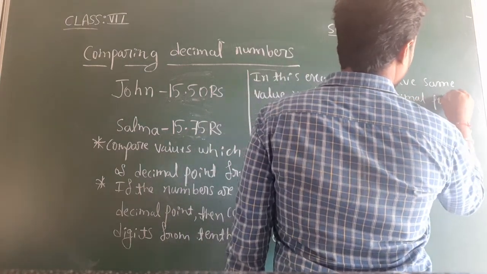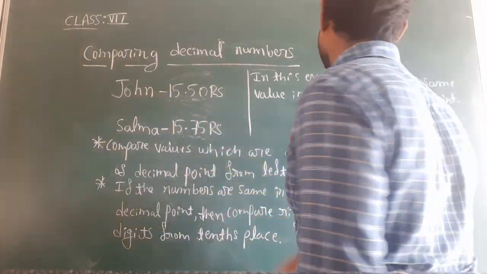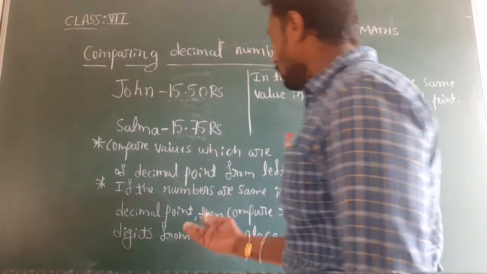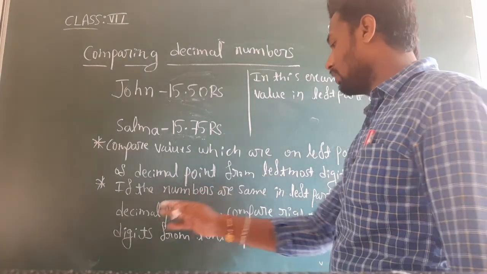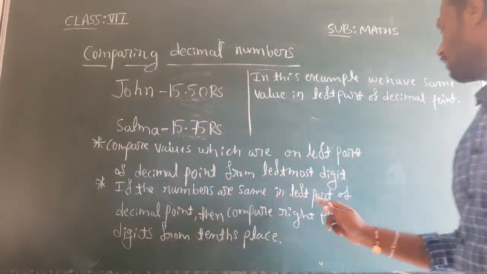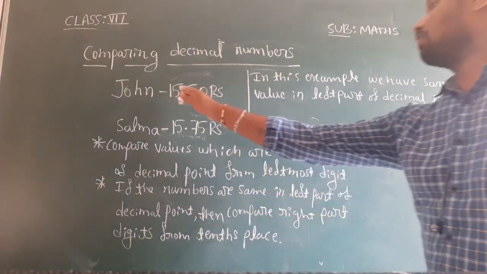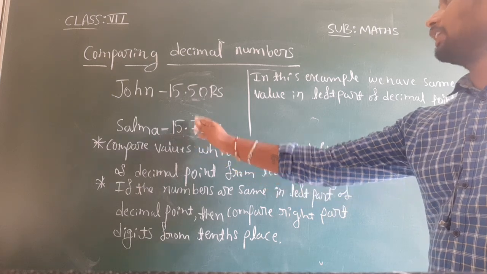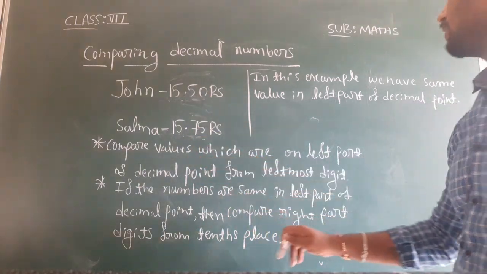You can see here in the left part of the decimal point we have the same number, that is 15. Okay, so what we will do, we will follow the second step. If the numbers are the same in the left part of the decimal point, then compare right part digits from the tens place. Now we will start comparing the right part of the decimal point from this tens place.